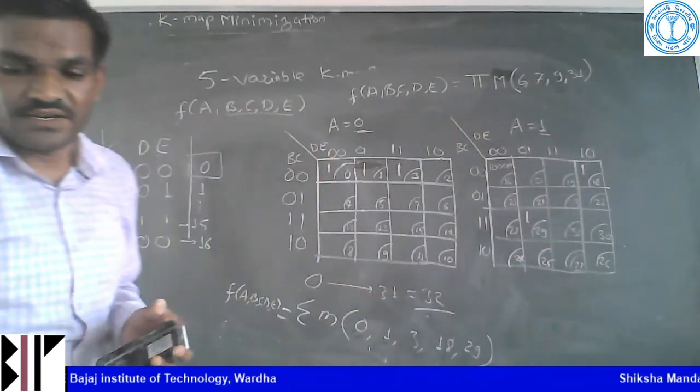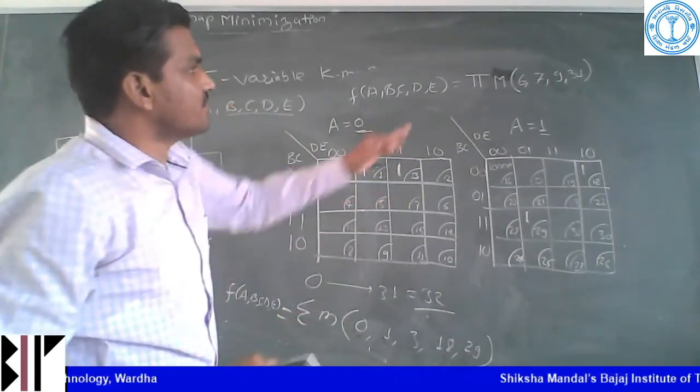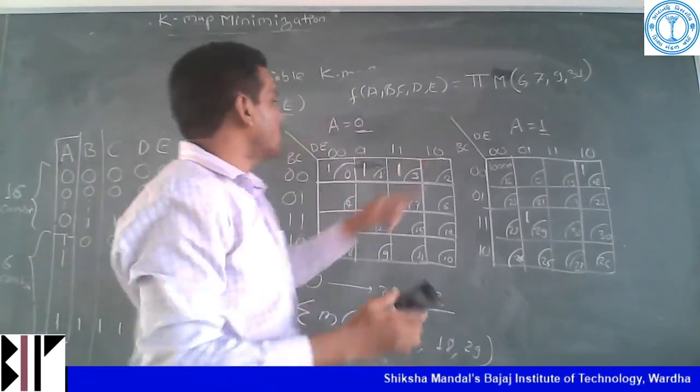Any values I am writing. In that case, this is pi M, so product of sum form.